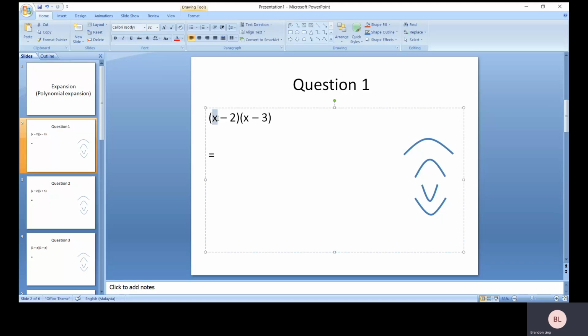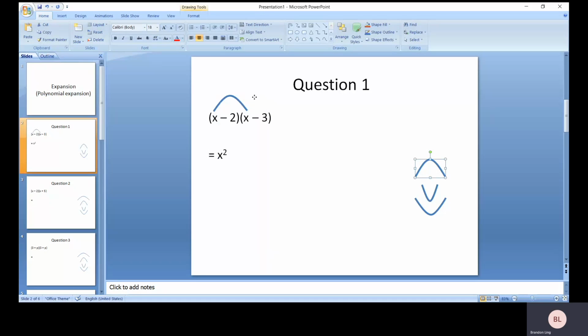First of all, we take a look at this x. This first x, you need to multiply into this x and minus 3. So how do we do that? So x multiplied with x, therefore you will be getting x squared.